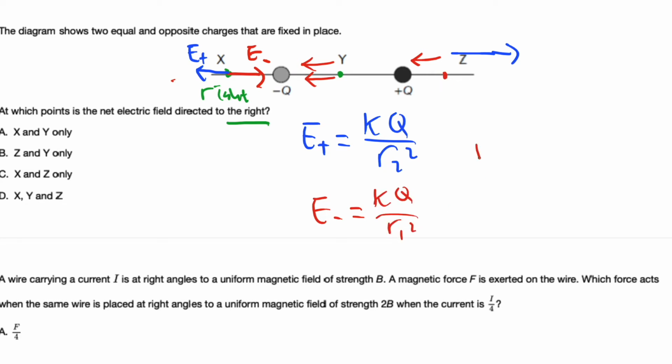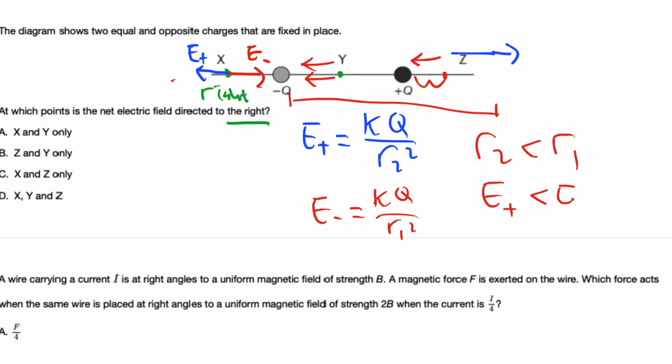So R2 is the distance here, R1 is the distance here. R2 is less than R1, so E plus is going to be greater than E minus, so it's also going to point to the right. So the answer will be C.